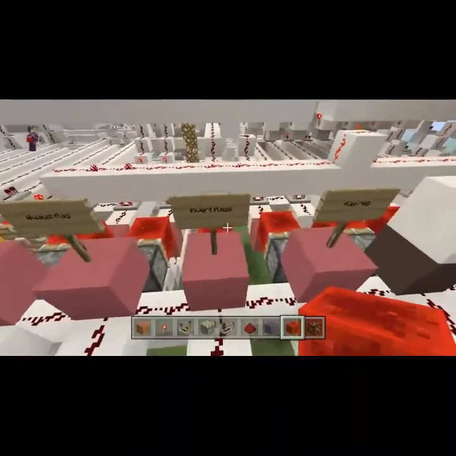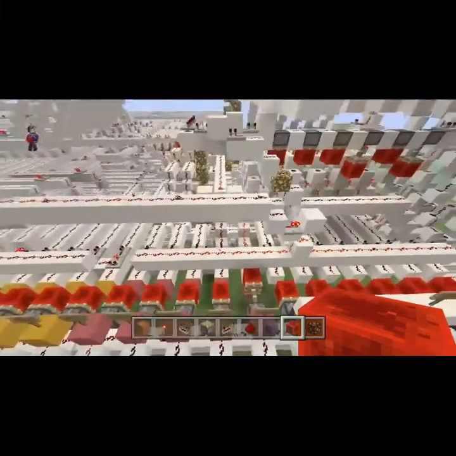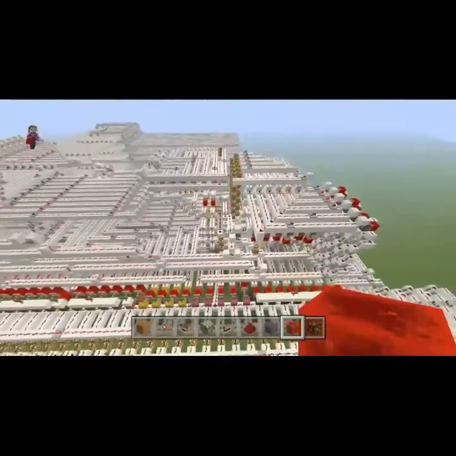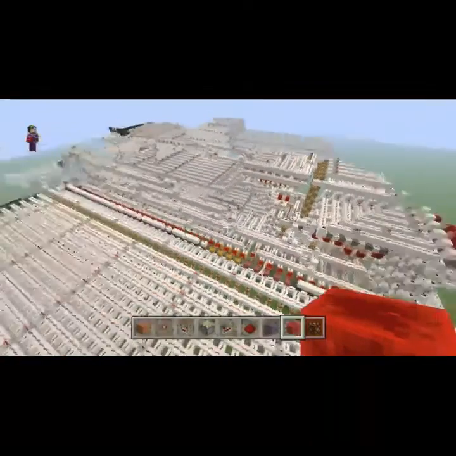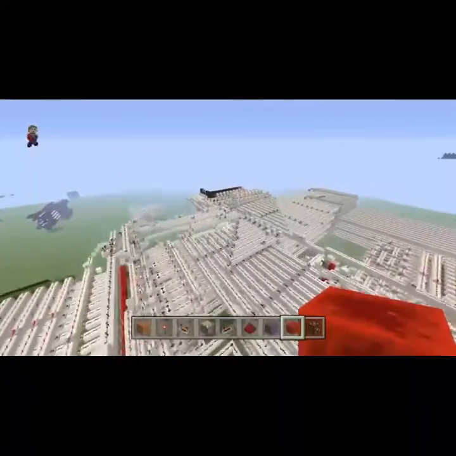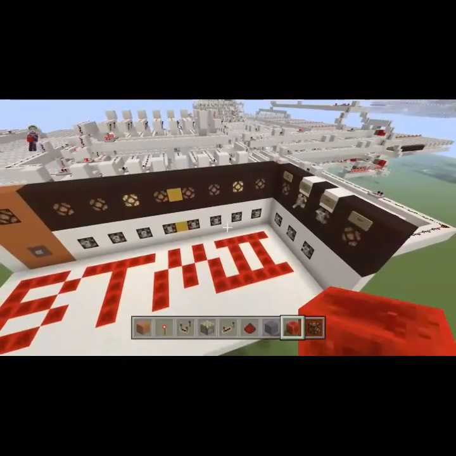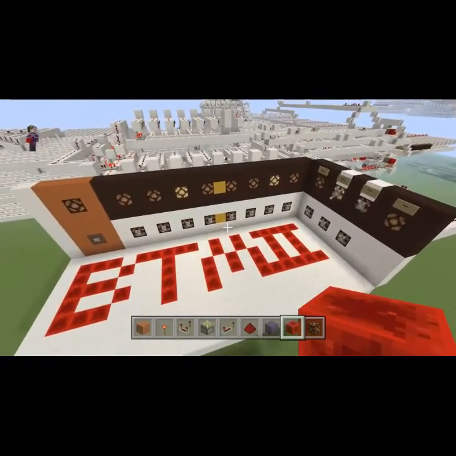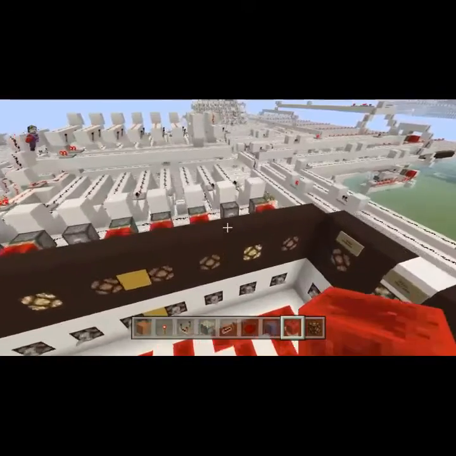Then I also have this to invert the flags, and this one has a proper flag register, something I failed to put in on BTM I. In fact, this is the very first Redstone computer that I made that actually uses a flag register. You guys can imagine how difficult that would be without it. And that's what I've been doing up until now.